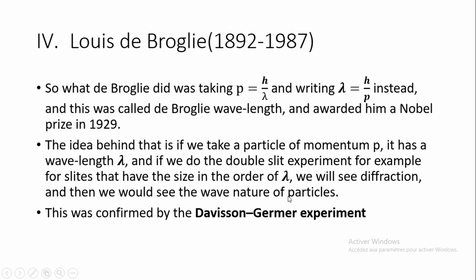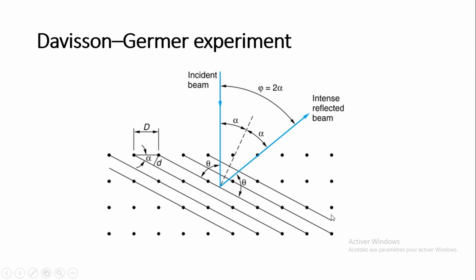In the same way that waves scatter or diffract from double slits, we can do the same experiment, for example, with electrons and observe their wave behavior. And this was confirmed by the Davisson-Germer experiment.